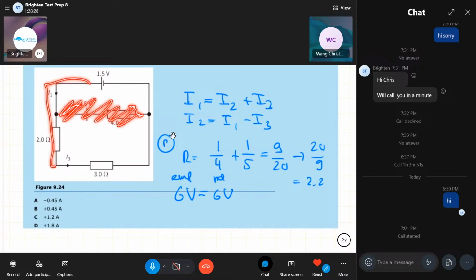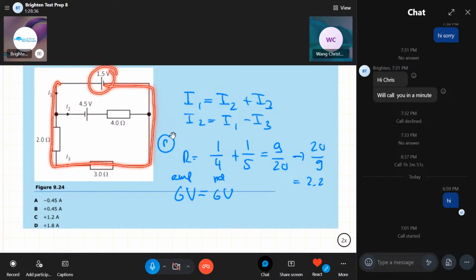Because if you look at that loop, then you can say, well, this is nothing else but a serial circuit here, which has one EMF of 1.5 volt. And you can cross-check if that should be the case. So if we look at, I call that loop 1, we would say I1 is I3.